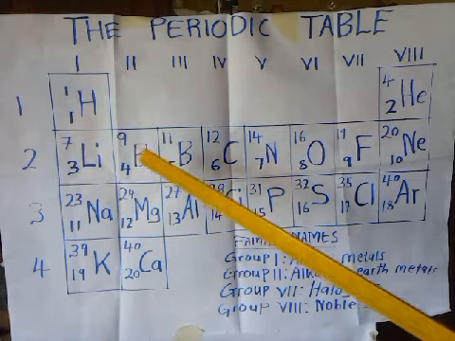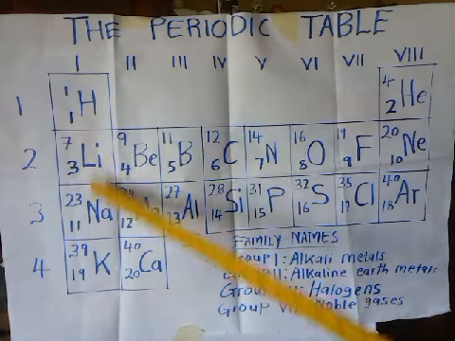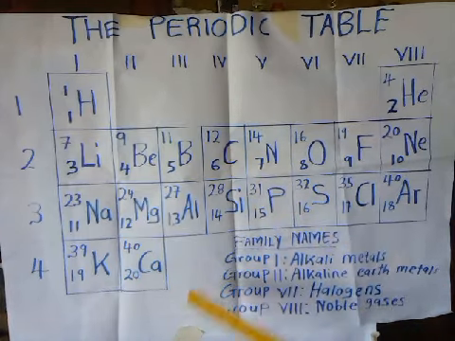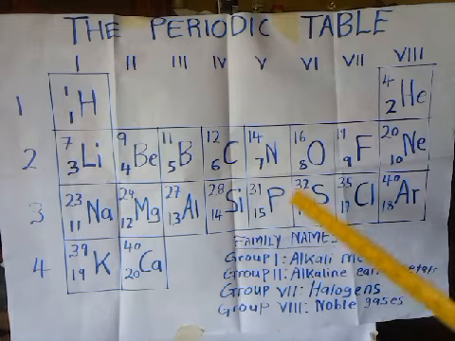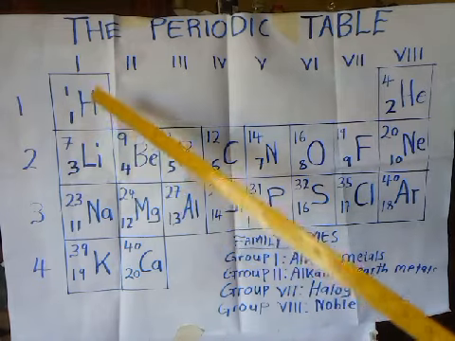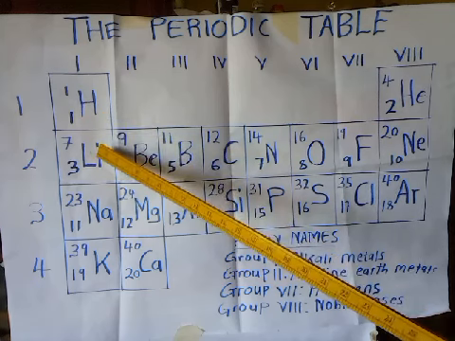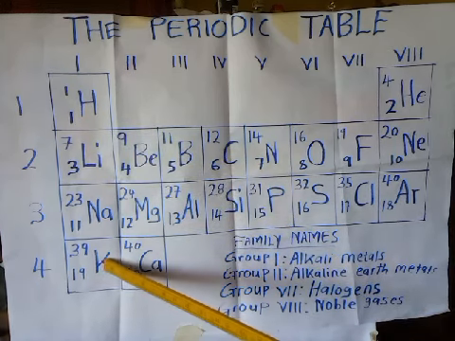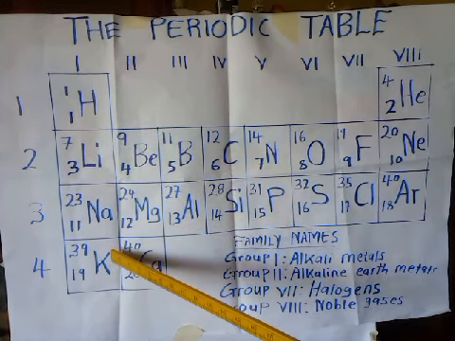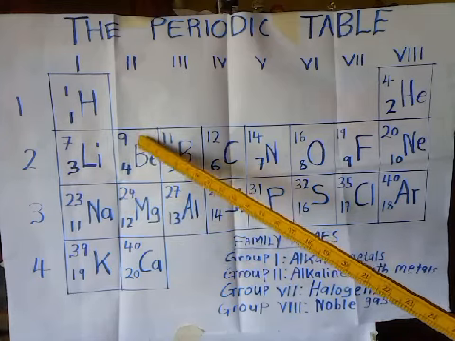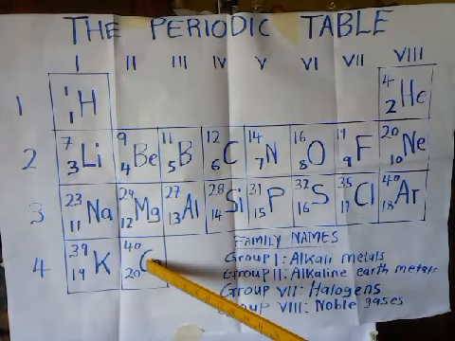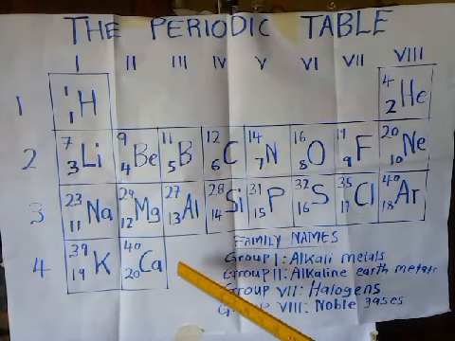So we're saying that this is group 1, this is group 2, up to group 8. But we're going to see that in group 1, if you remove hydrogen here and remain with lithium, sodium, and potassium, these are called metals. You go to group 2, beryllium, magnesium, and calcium. These are also called metals.